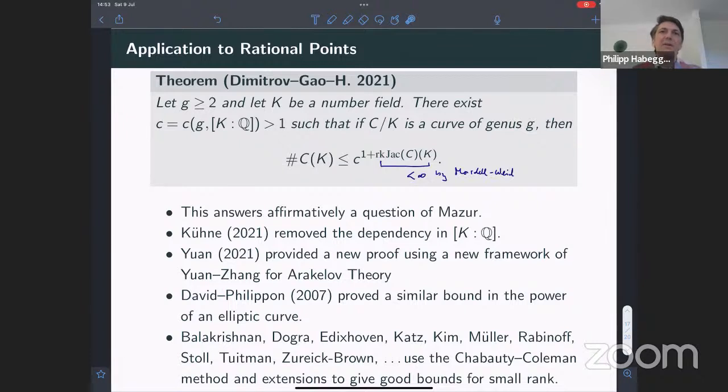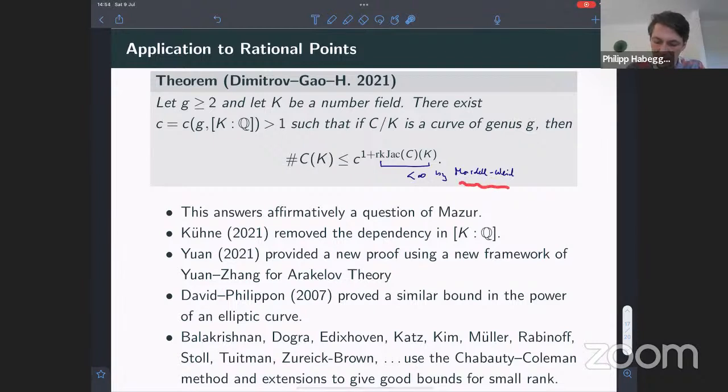Completely parallel to these developments, there's also important work by various authors. Let me just include Balakrishnan, Besser, Dogra, Ritzenthaler, Katz, Minhyong Kim, Müller, Rabinoff, Stoll, Tuitman, Zureick-Brown, and others who use the Chabauty-Coleman method and its extension, quadratic Chabauty, to get very clean upper bounds for the number of rational points under the Chabauty-Coleman restriction on the rank of the Mordell-Weil group.